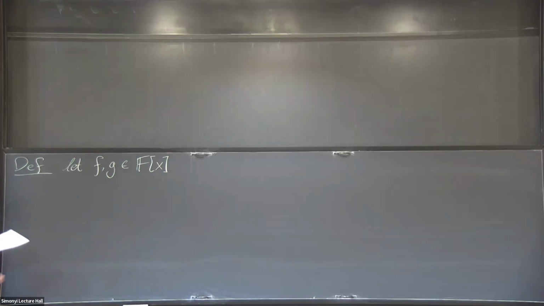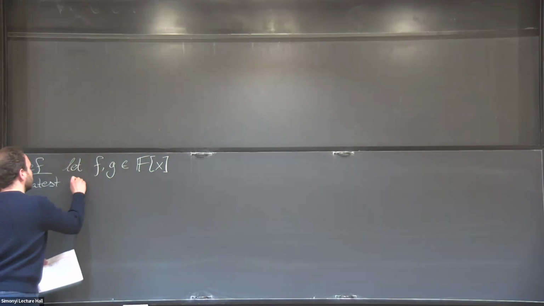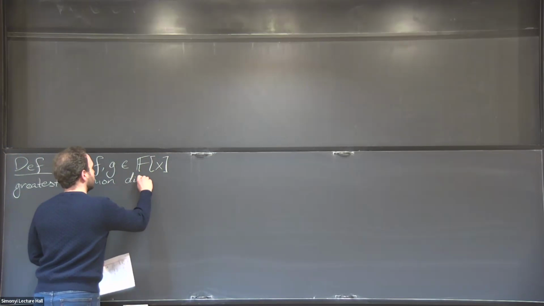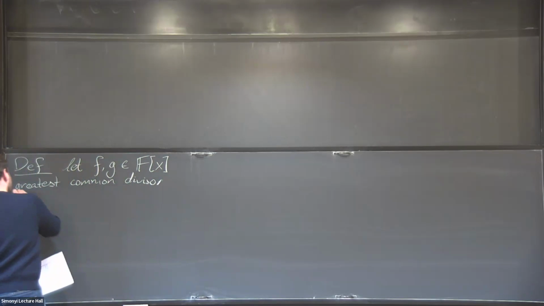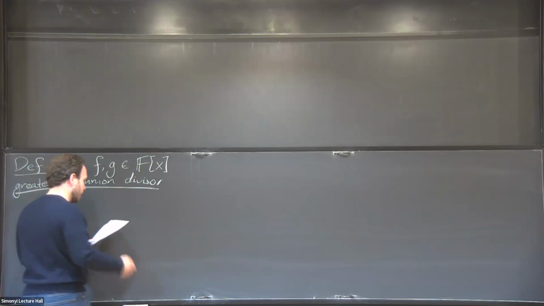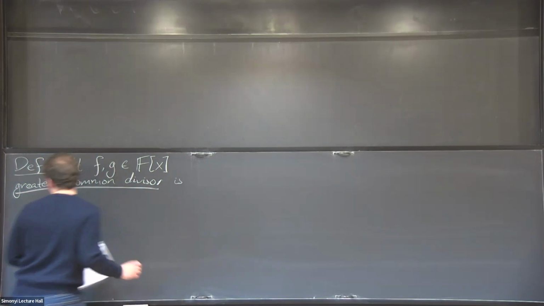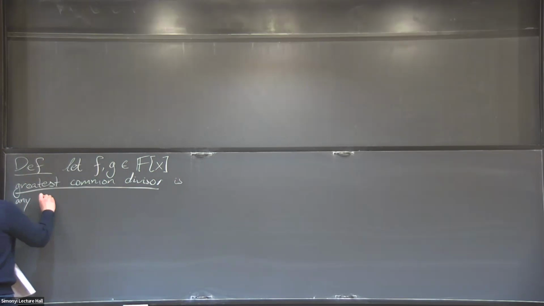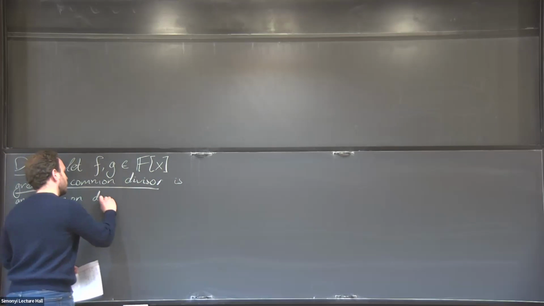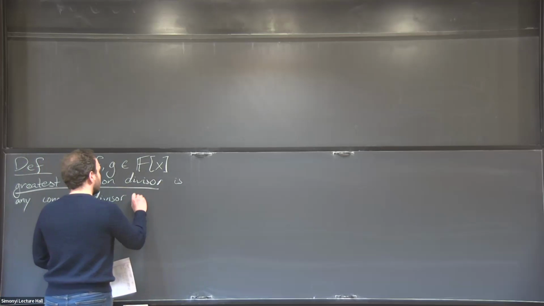Their coefficients come from some field F, and their greatest common divisor, you can define this a little bit abstractly. For me, I just want to give a very usable definition, which is this is any common divisor of maximum degree.